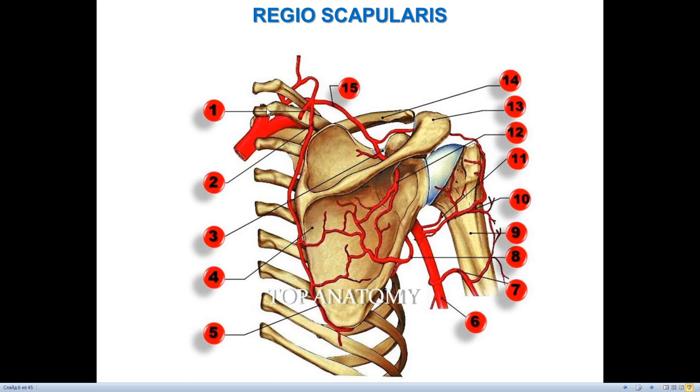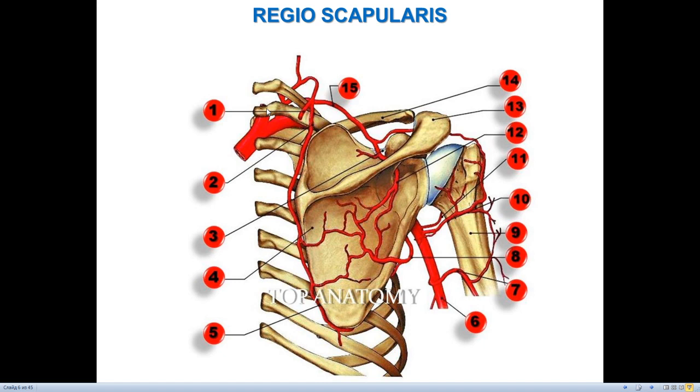Both are the main collateral way for supplying the upper limb in cases of trauma of the axillary artery.